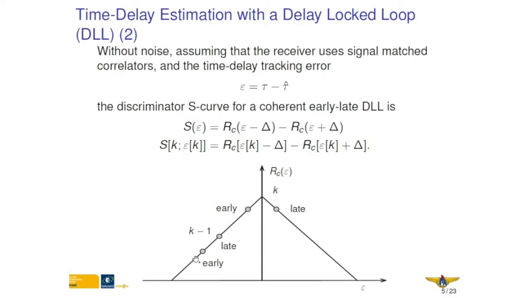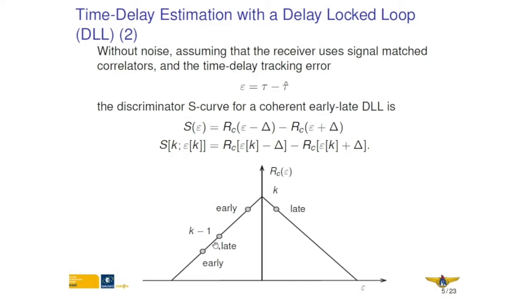And this here is illustrating how this works, because here we have the tracking error and we have the autocorrelation function. This can be, for example, approximated by a triangle. And what we can see here is if the estimate is too large with respect to tau, epsilon will be negative here, and then the early minus late, this is the early correlation and this is the late correlation, will be negative.